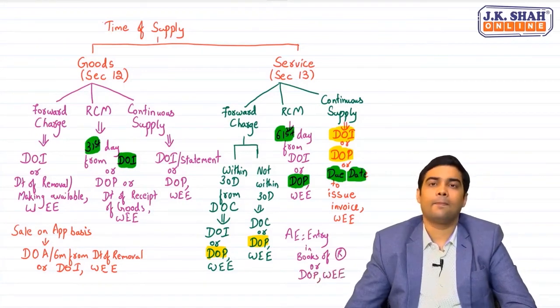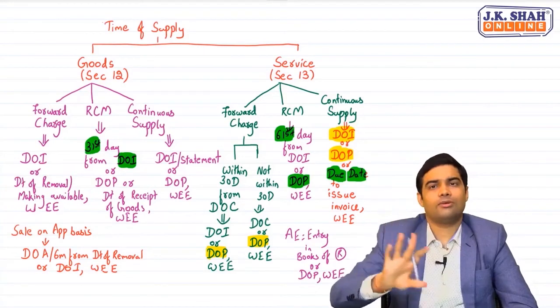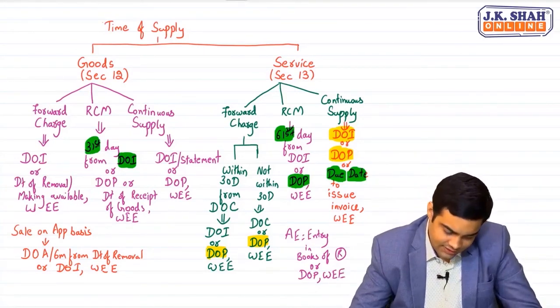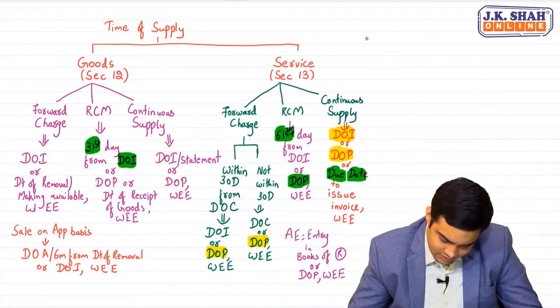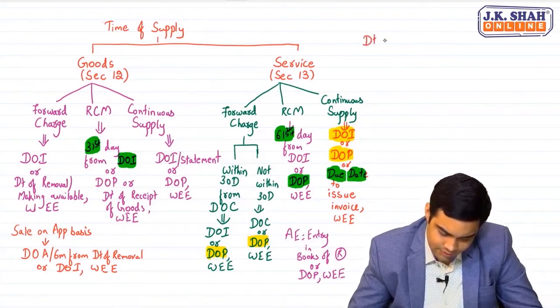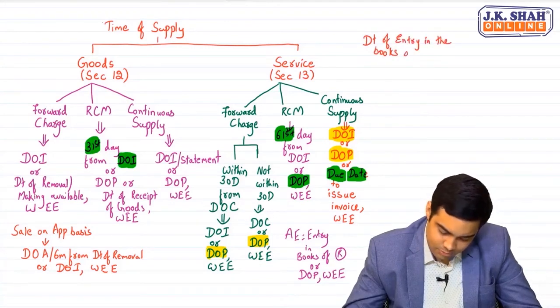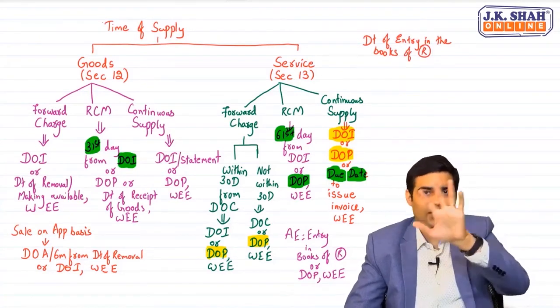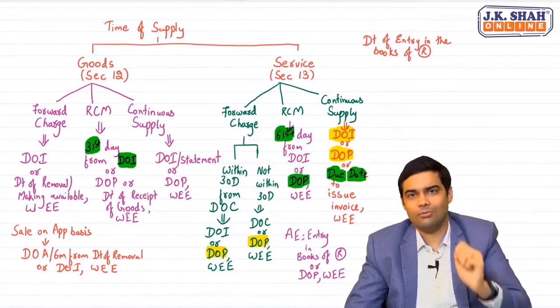Now, suppose you are not able to find time of supply from any of these. Then the law says for all the provisions, this is a common point, time of supply will be date of entry in the books of recipient. So date of entry in the books of recipient would be used if you cannot find time of supply from any of these.